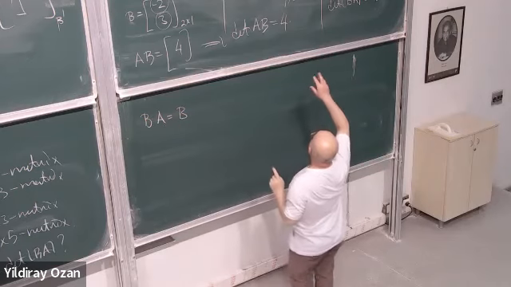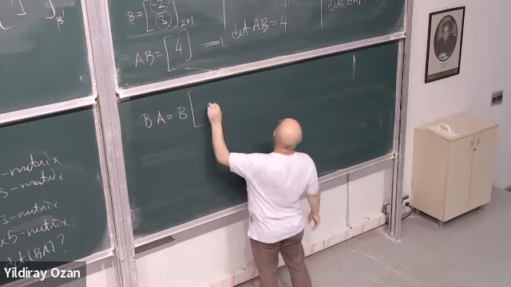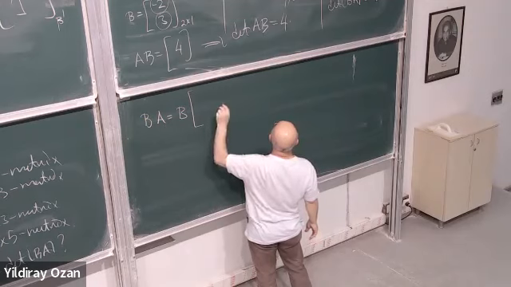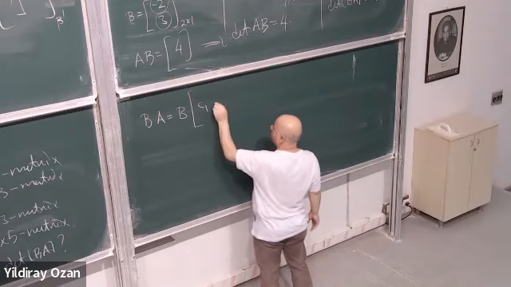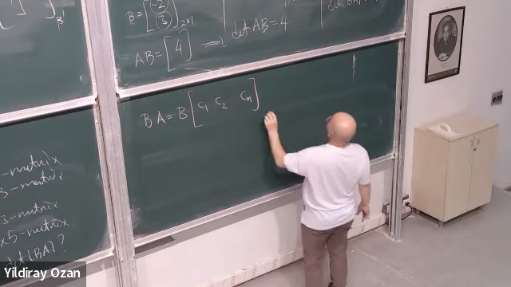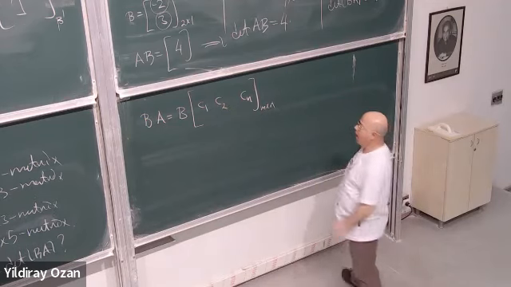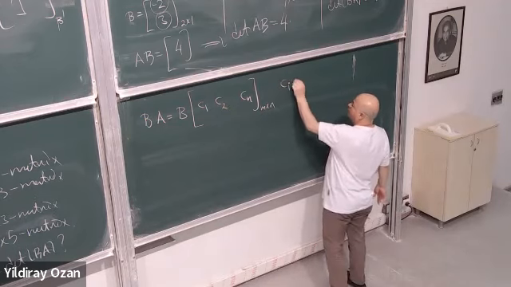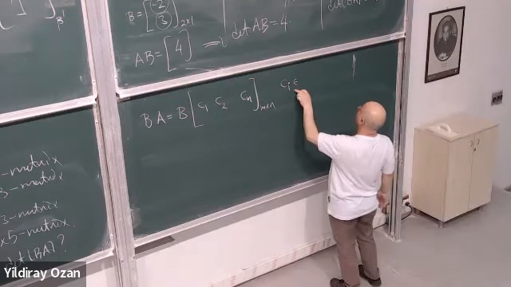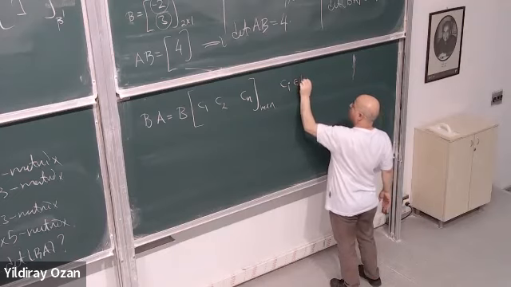A is an n by n matrix, so it has n columns. So we have C1, C2, Cn. And each Ci is a column matrix.